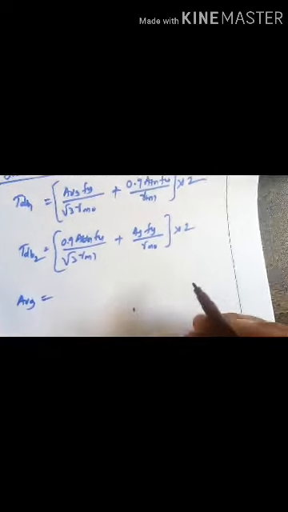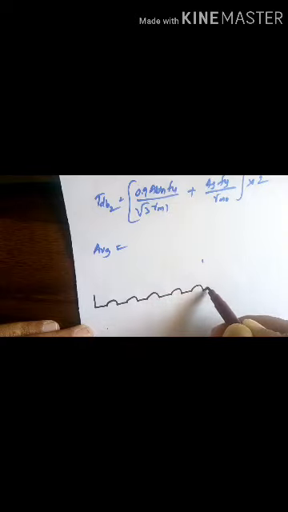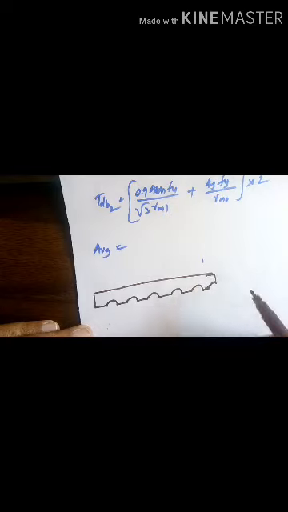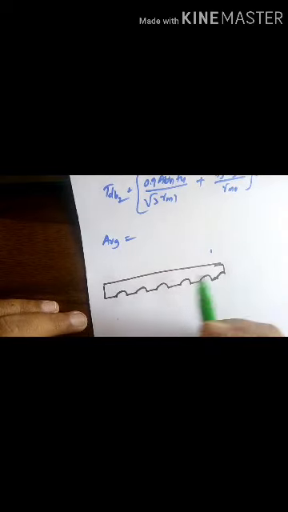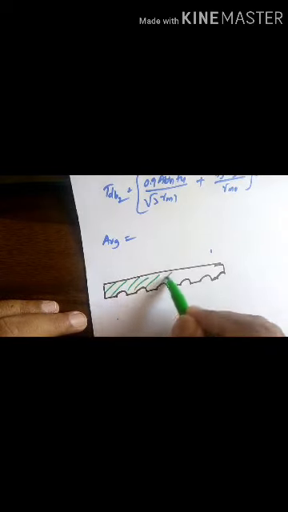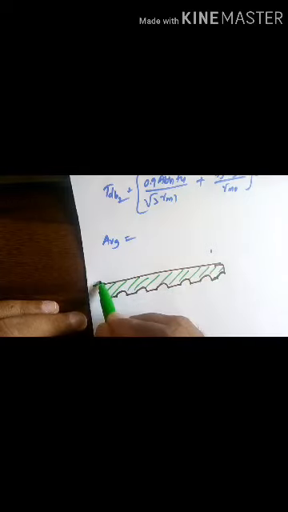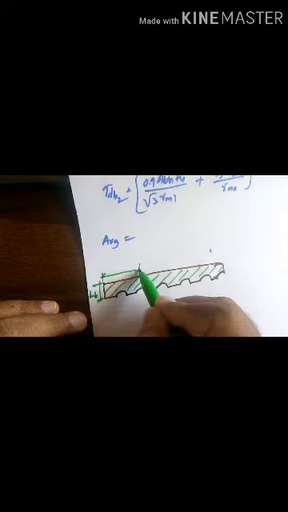Generally it fails like this. This is the tensile area, this will be Lt, and from here to here it is Lv.